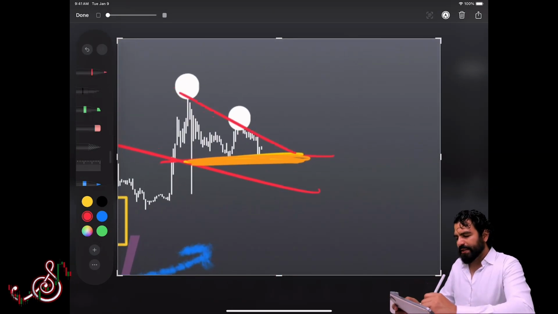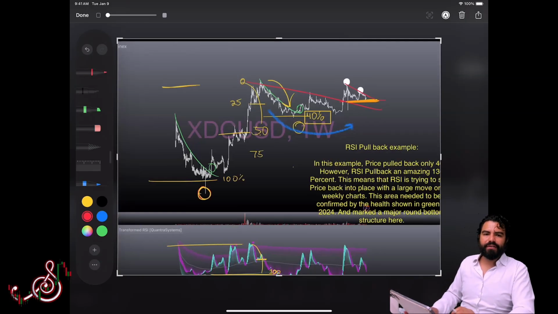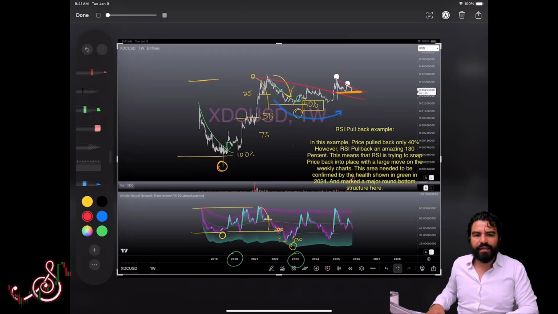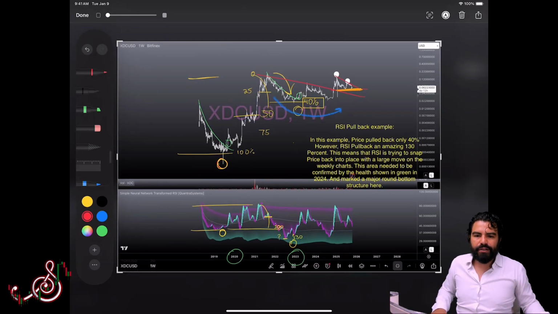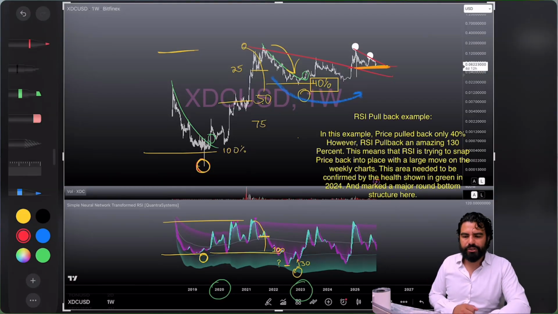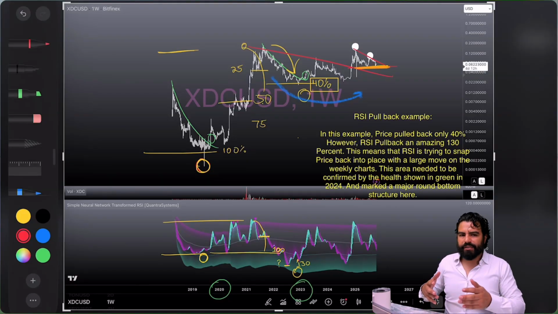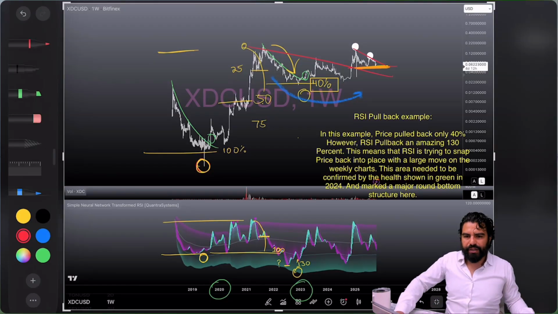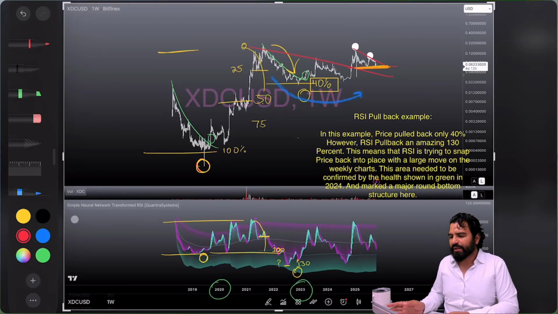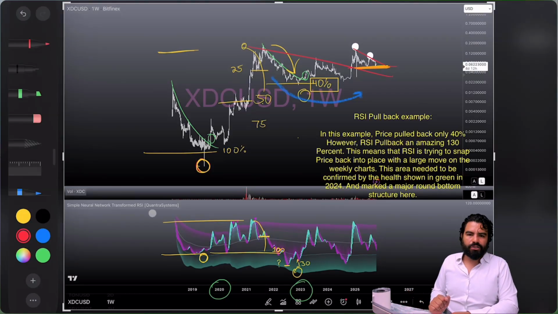Just as little clues, you can do those yourself. Larger round structures here, fantastic. Take screenshots if you need so that you can solidify your comprehension of what these principles are teaching and what RSI, a simple indicator, is revealing. Again, we use the simple neural network quant to transform RSI, and we turn off bar coloring.